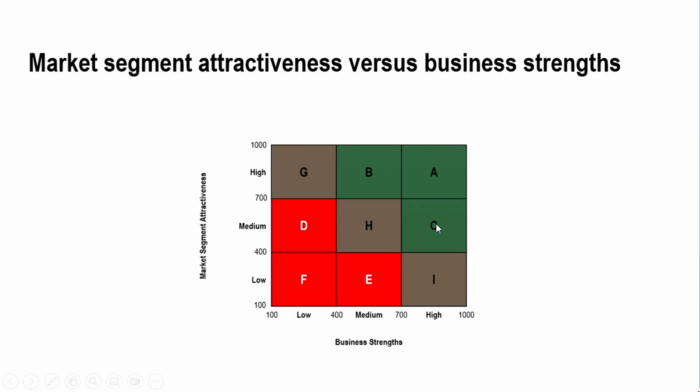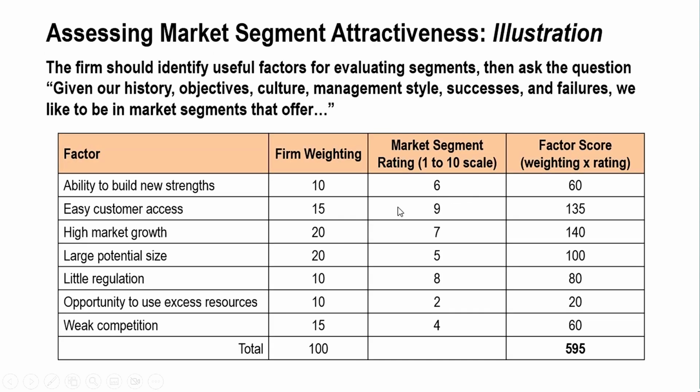So, a green will have a segment rating of 9, for example. So, we have a market segment which is identified with a rating of 9, that means in terms of customer access as well as for various other factors, that segment represents high priority for resource allocation. So, that is a 9.